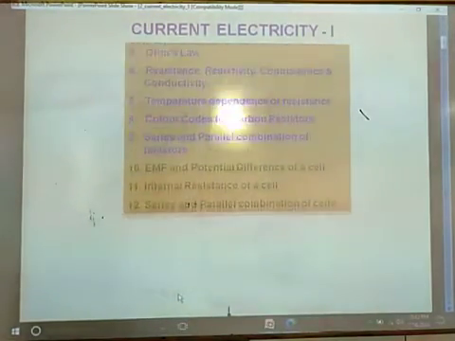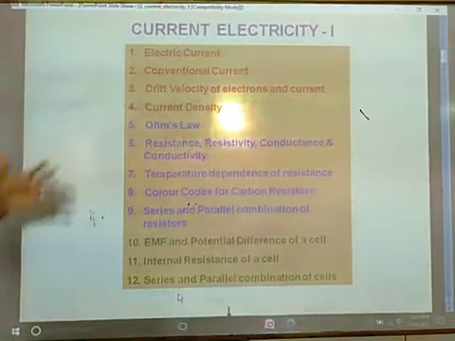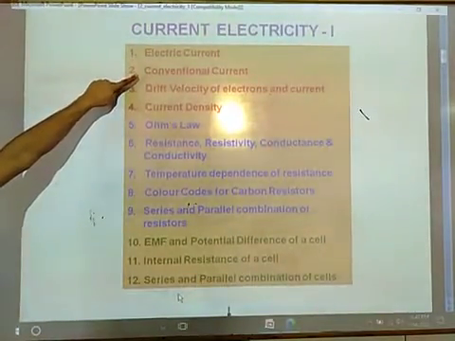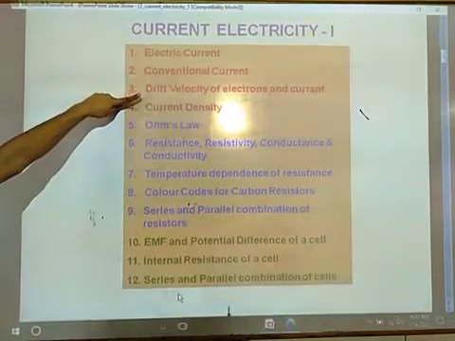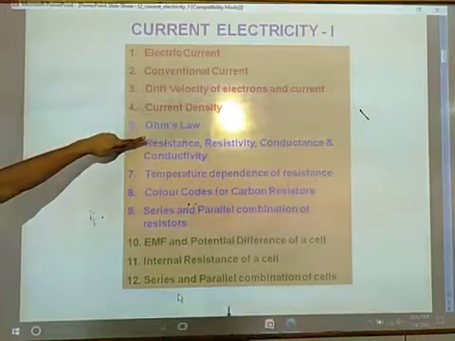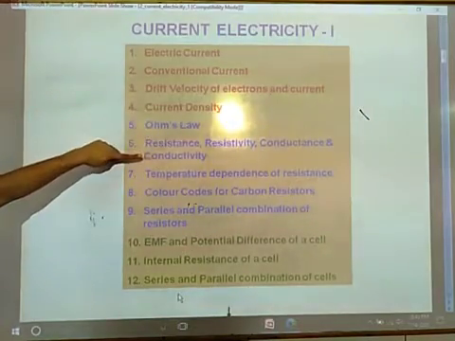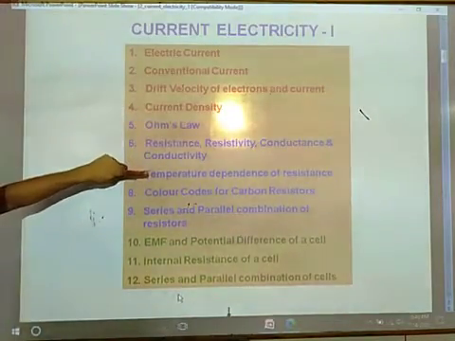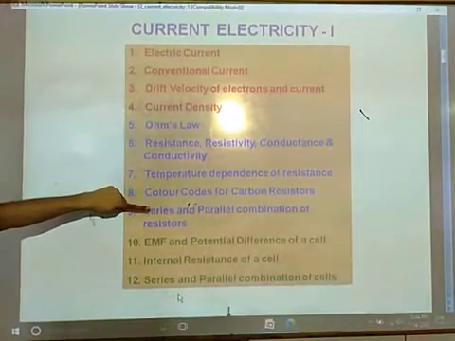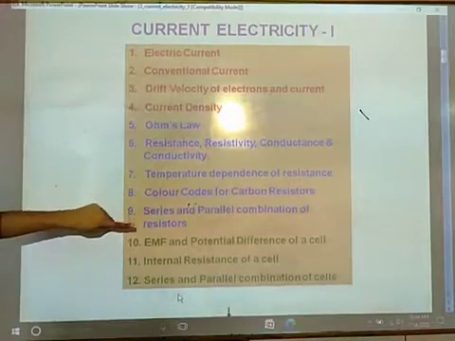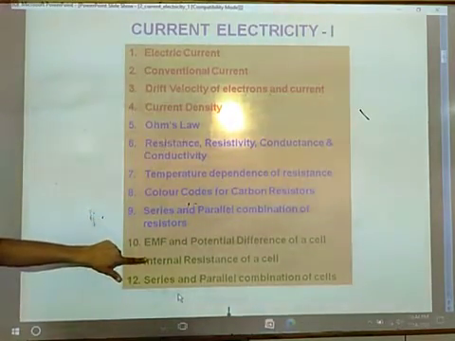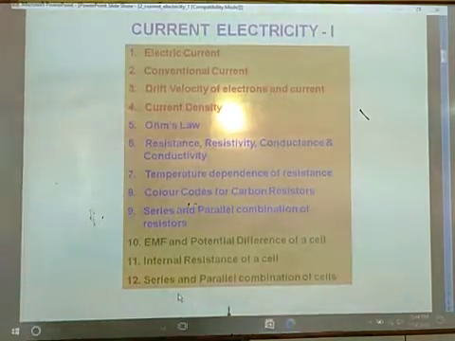In the first slide, we will discuss the following topics: electric current, conventional current, drift velocity, current density, Ohm's law, resistance, resistivity, conductance, conductivity, temperature dependence of resistance, color coding of carbon resistor, series and parallel combination of resistors, EMF and potential difference of a cell, internal resistance of a cell, and series parallel combination.